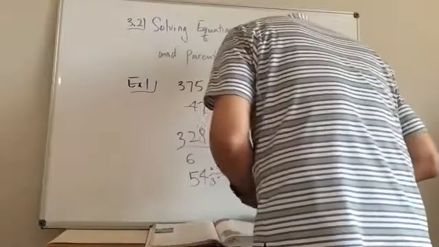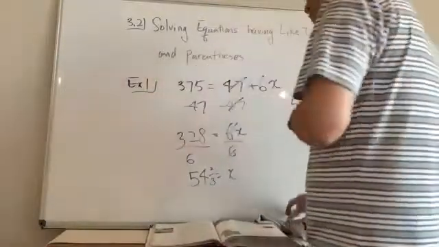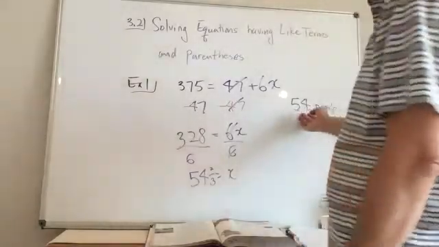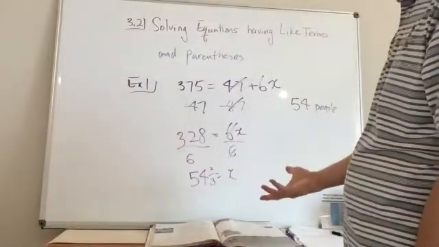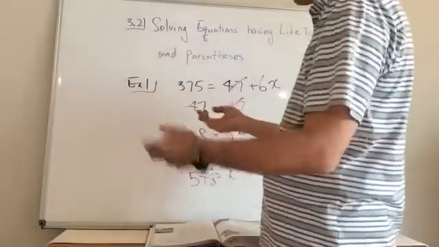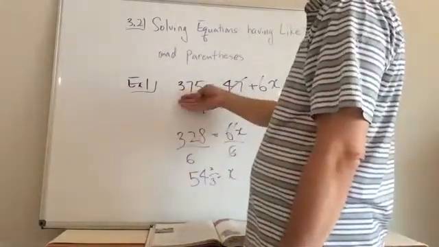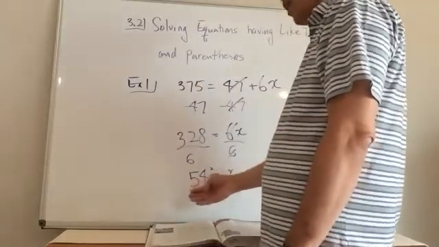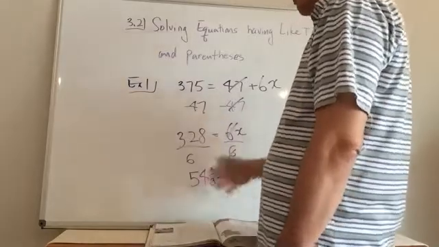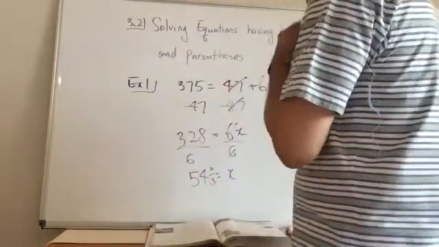So it's going to be 54 pom-poms and 54 noisemakers. Anybody understand why it's 54 and not 55? Because if it's 55, you would not have enough money, right? Because this is all you have. But I can afford up to 54. I'll have some change left, but up to 54, I can go ahead and buy, right? Okay.